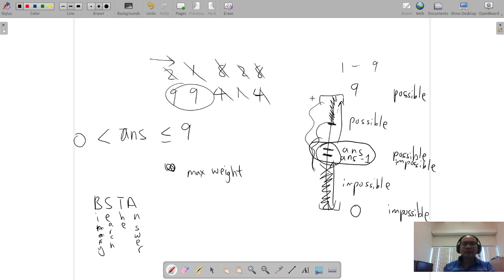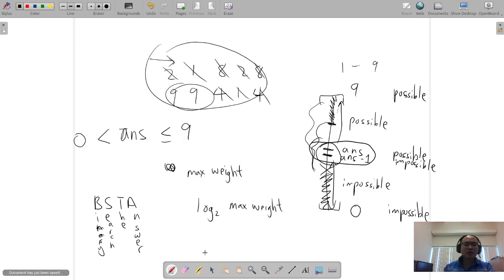And then the binary search, basically it's log 2 of the max weight in your set. In this case, it's 9, but in general, it could be a billion. So basically, the complexity is this much.